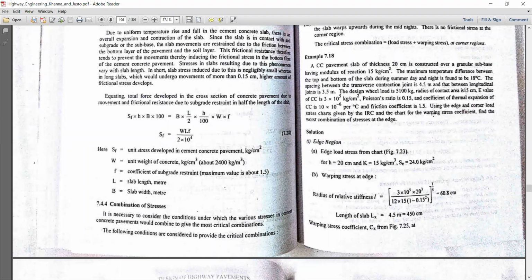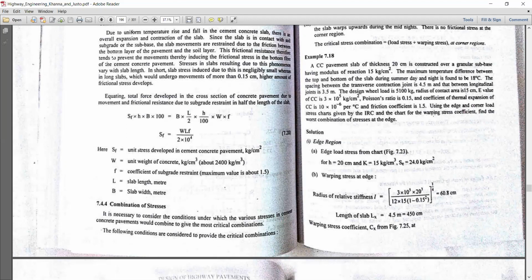The design wheel load is 5100 kg. Radius of contact area is 15 centimeter. Modulus of elasticity is 3 into 10 raised to 5 kg per centimeter square. Poisson's ratio is 0.15, and coefficient of thermal expansion of concrete is 10 into 10 raised to minus 6 per degree Celsius.